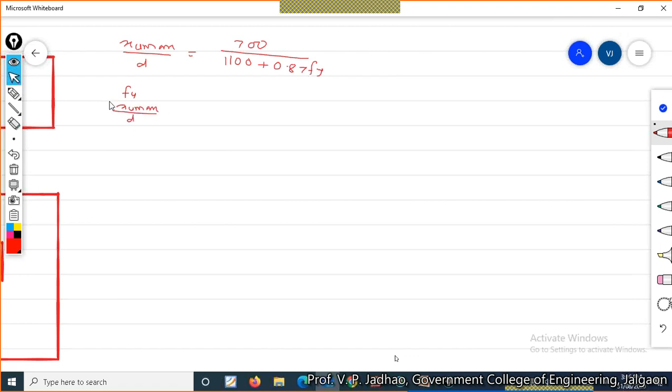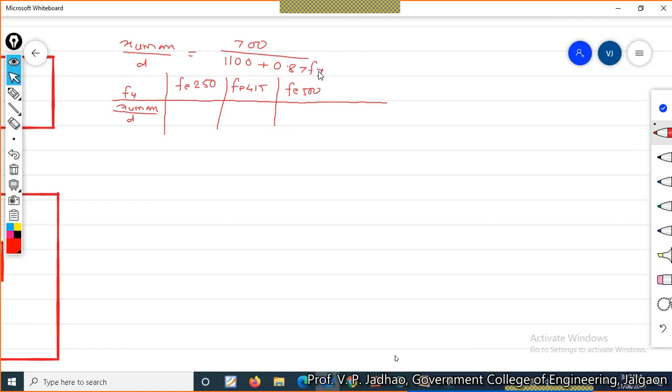So if we consider Fy in one row and Xu max upon d in another row, you just put the value of Fy equal to 250, that is Fe 250. Again, we have the next grade of steel as Fe 415, and then Fe 500.